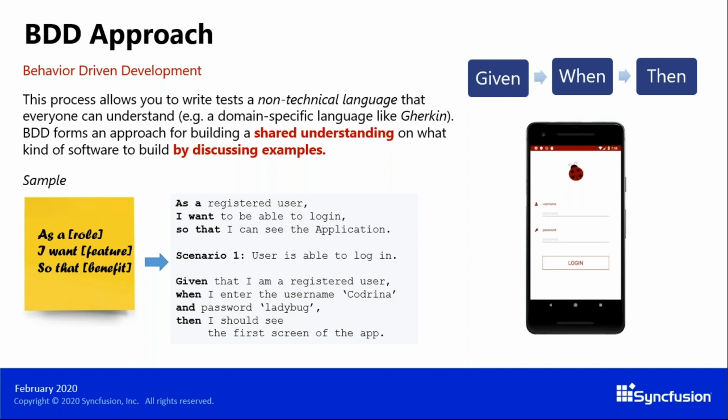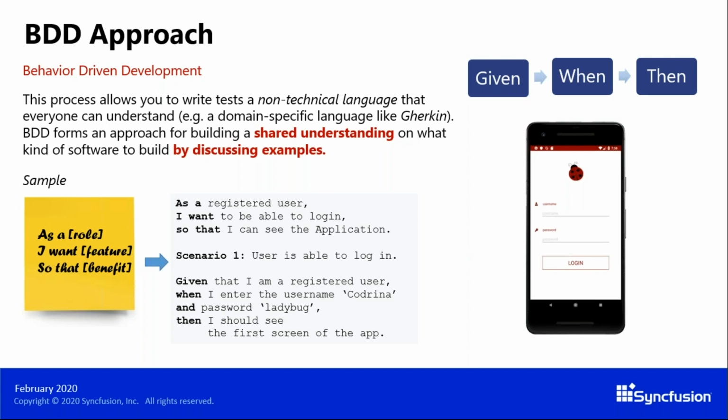It's very useful if you impersonate your user. So for example, as a registered user, I want to be able to log in so I can see the application. You have the scenarios, and you will do the same inside your test by following these steps that maybe someone already provided to you.